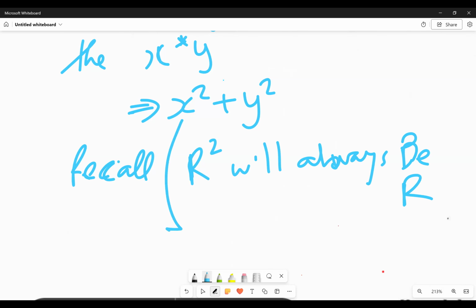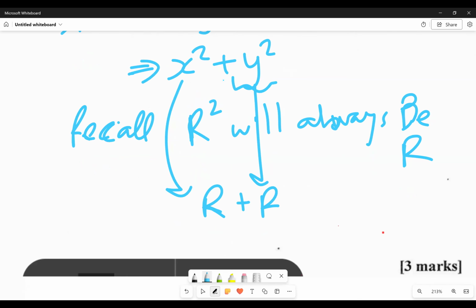So this will be a real number and this will be a real number. Because x is a real number and y is a real number, when I square them, they will still be real numbers. There's no real number I can square and get an imaginary number. Square 2, you get 4. Square -2, you get 4 still. You still get a real number. You don't get any imaginary numbers.